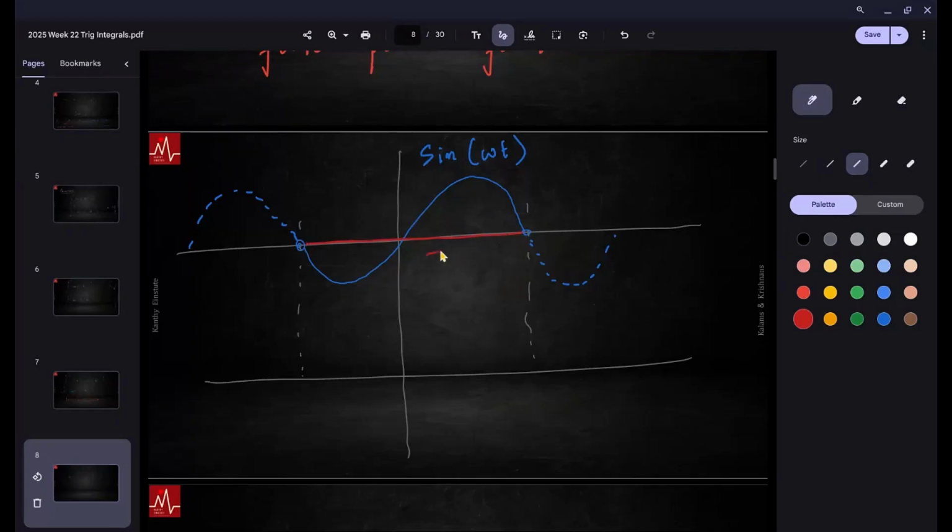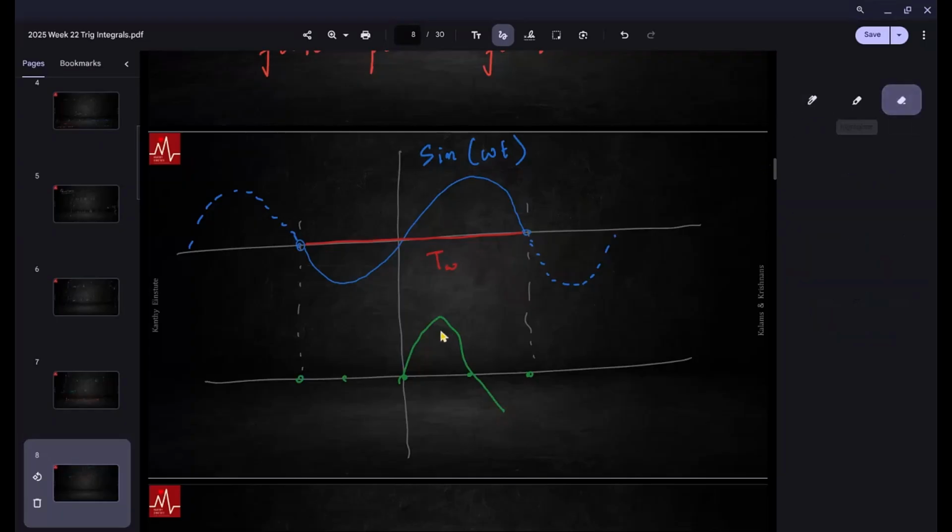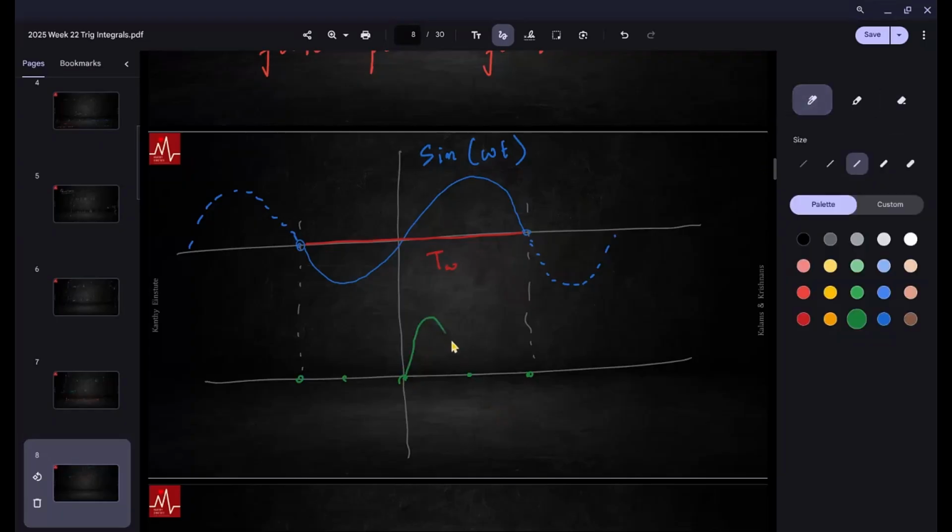That's your omega. Twice as fast. This is sine 2 omega t.